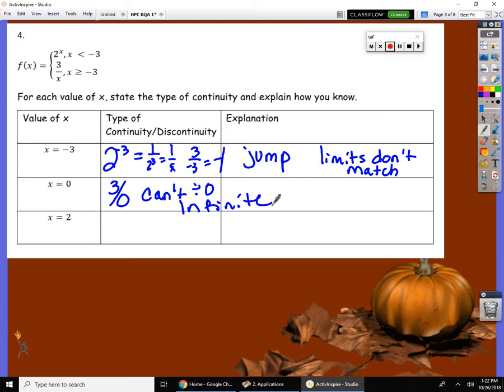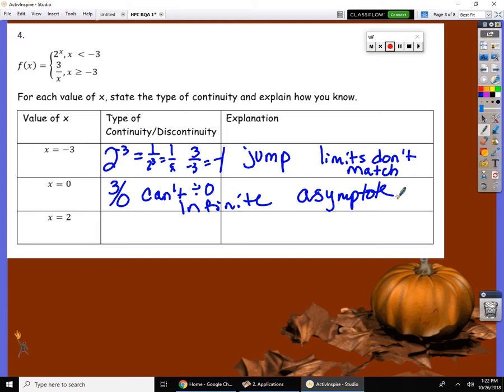What did we study? Thank you, asymptote. I have an asymptote, which means something's heading towards infinity. That's why it's an infinite discontinuity. You just told me the infinite, you didn't tell me about the asymptote.